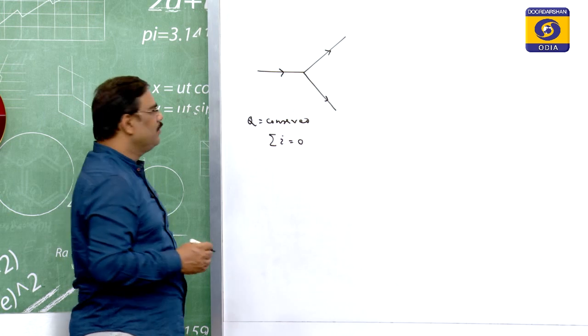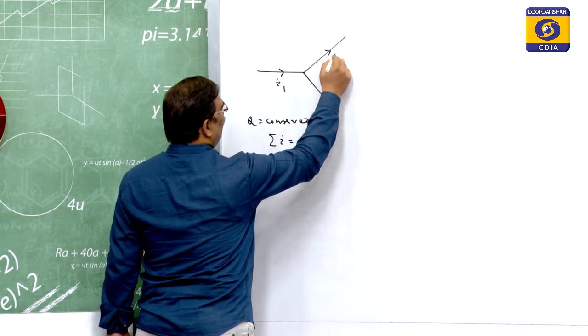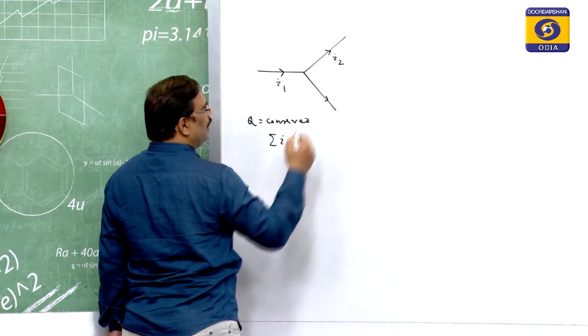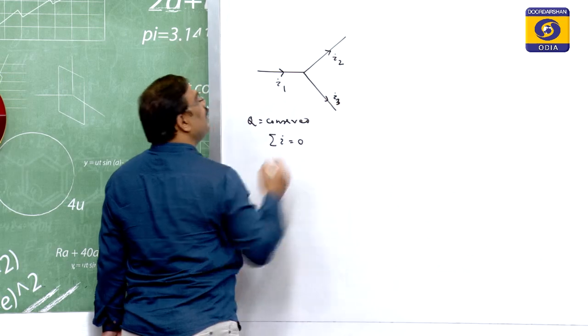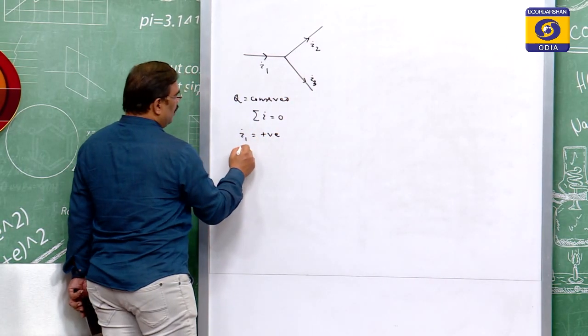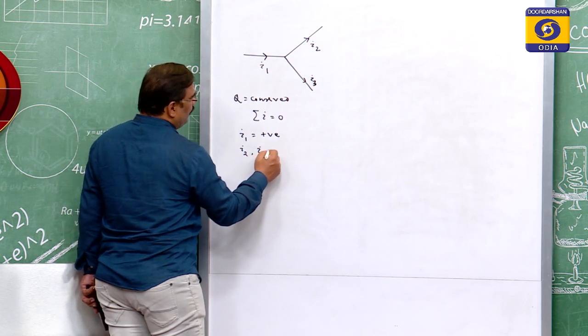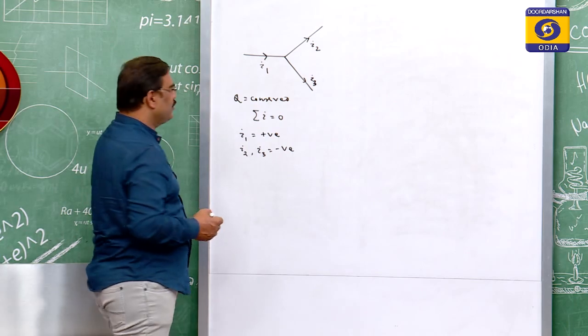If we consider the incoming current as I1 and the outgoing currents as I2 and I3, I1 is taken as positive and I2, I3 are taken as negative, because they are going away from the junction.